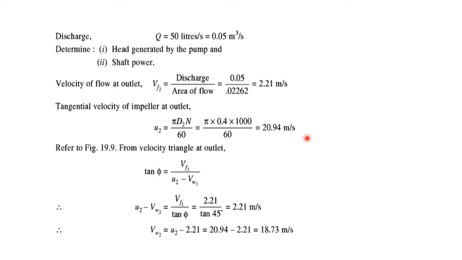From velocity triangles at outlet, we have tan phi equal to Vf2 upon u2 minus Vw2. From this relation, we can find out the value of velocity of whirl at outlet, that is equal to u2 minus 2.22, that is 18.73 meters per second.